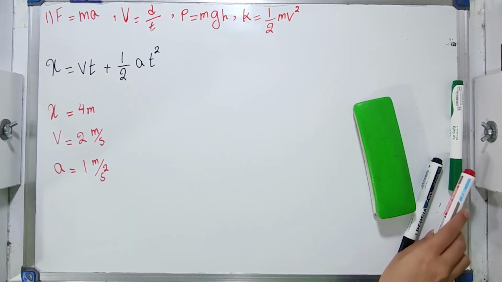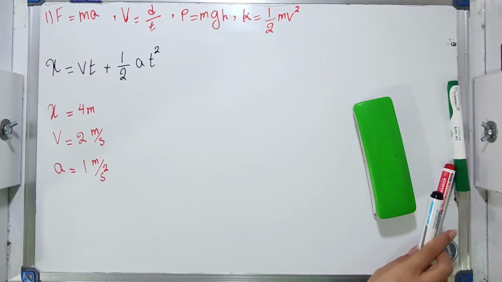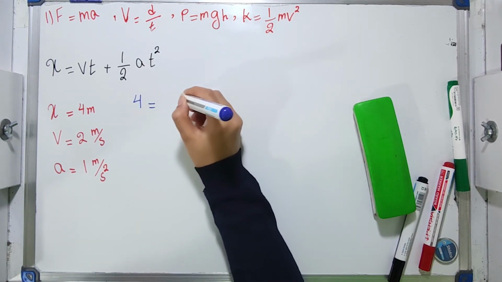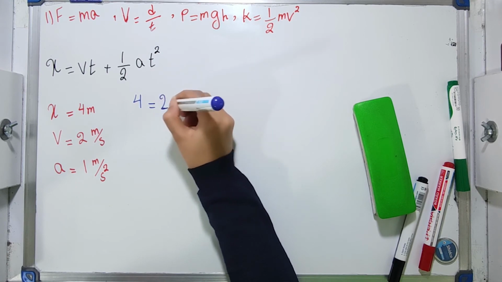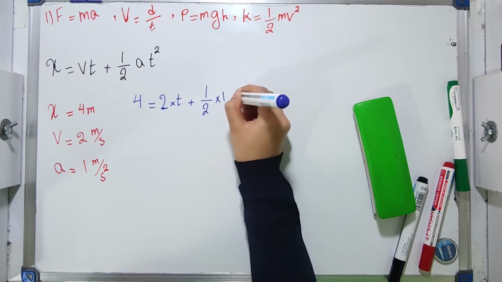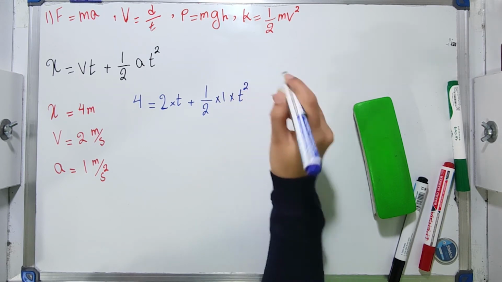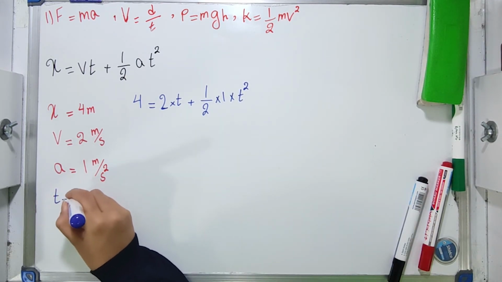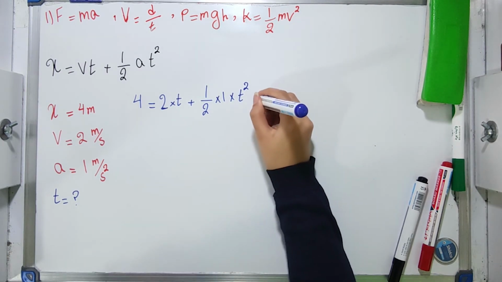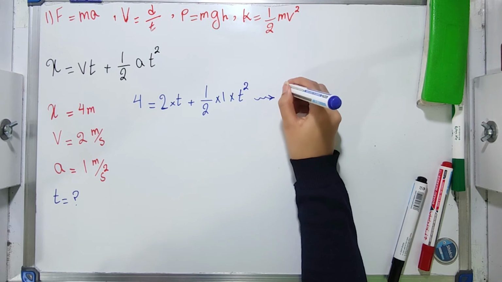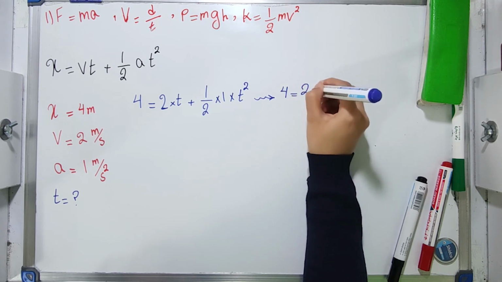So let me just substitute the numbers. 4 equals 2 times t plus 1 over 2 times 1 times t squared. So we're going to find out time. So let me just write it. 4 equals 2t.